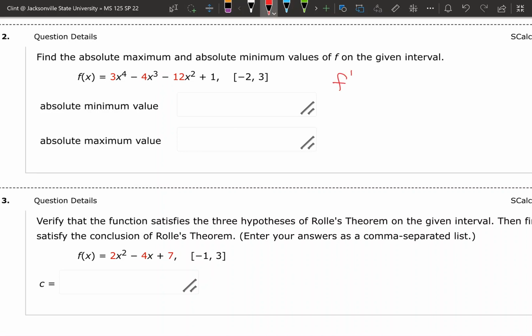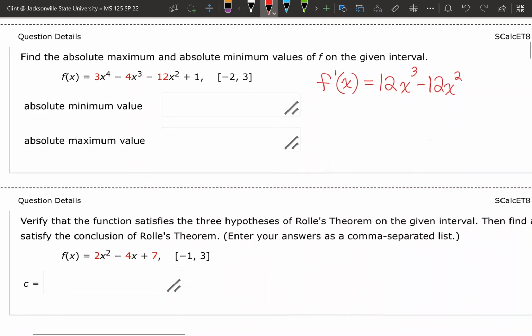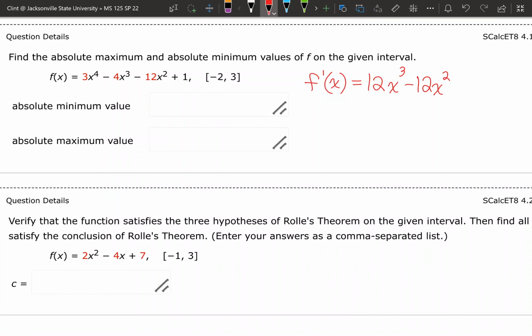Find the derivative. And we get 12x cubed minus 12x squared plus 24x.